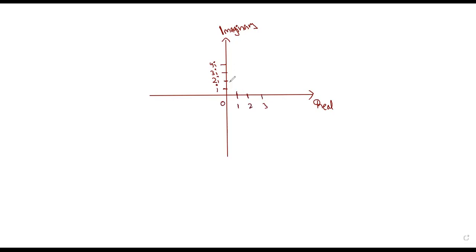Okay, right. Now if I talk about z equals x plus iota y, this is a complex number. Okay, and I can write it as x, y, right?